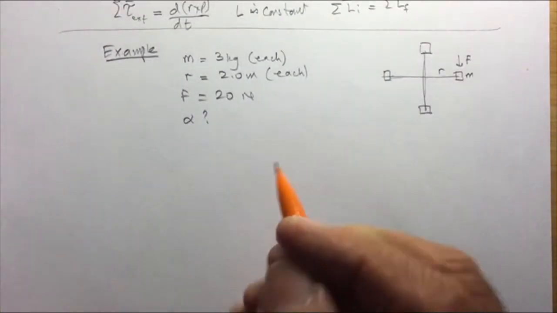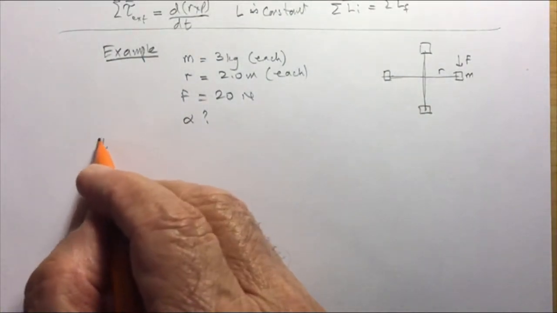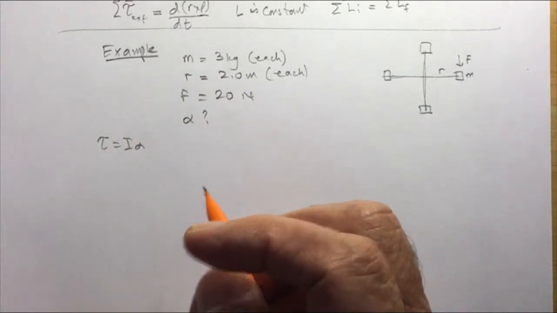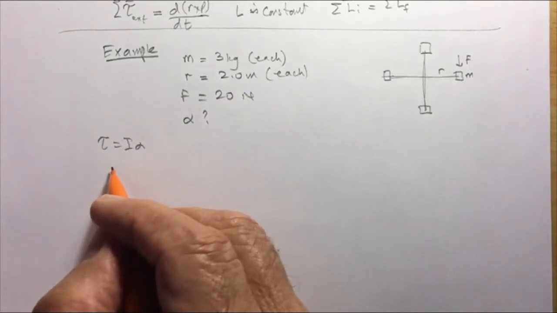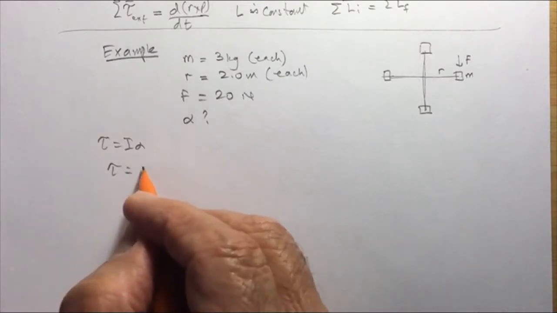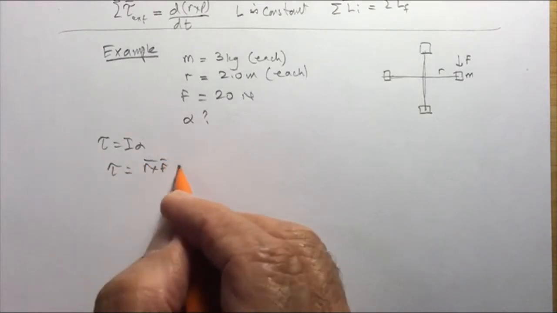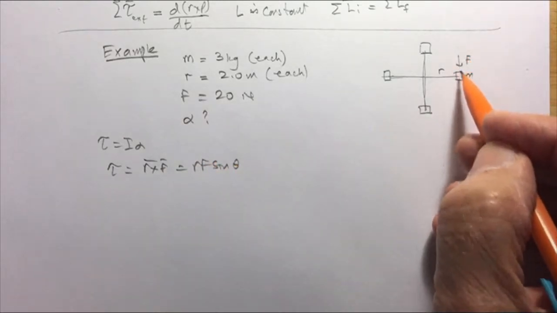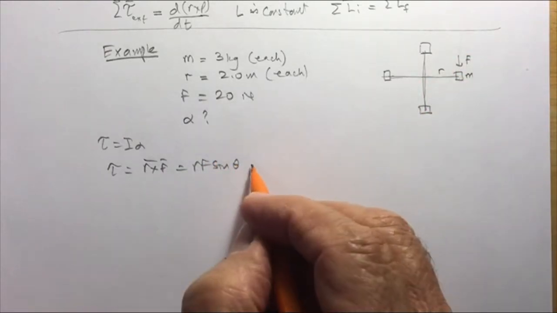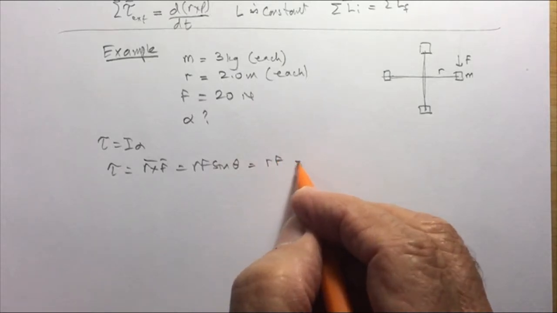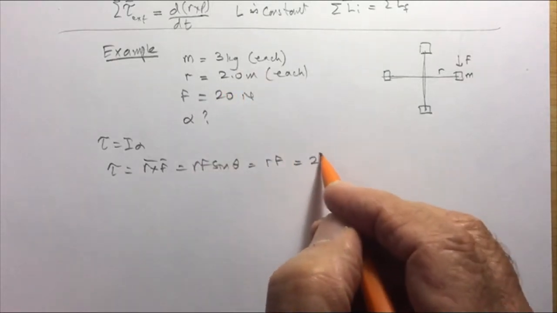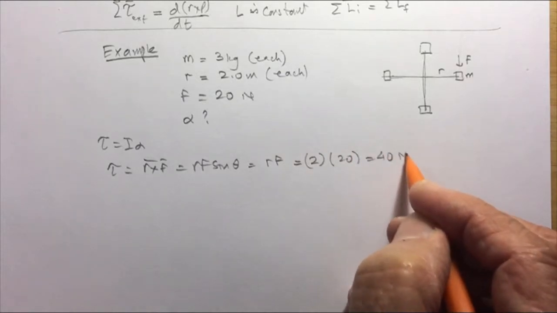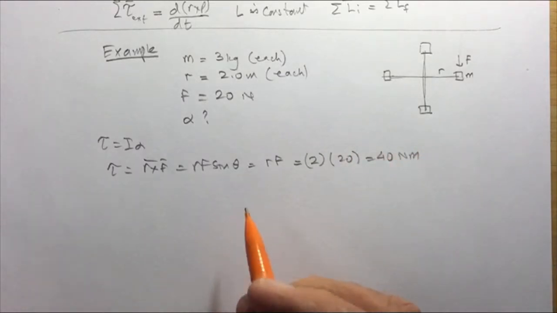So we will use the first equation, torque equals I alpha, and we'll find the torque is R cross F, which is RF sine theta, and theta between R and F is 90 degrees, so that's simply RF. The R is 2 meters and F is 20 newtons, so that's 40 newton meters. That's the torque.